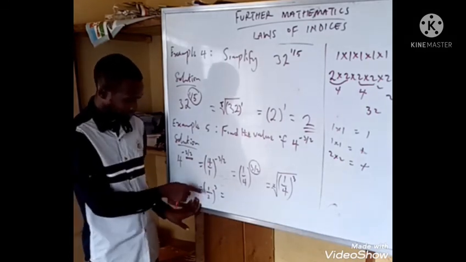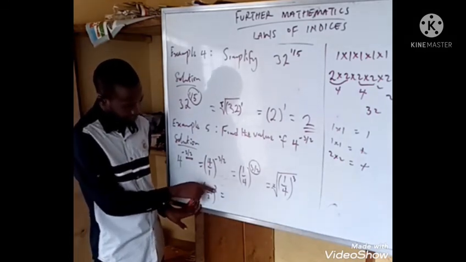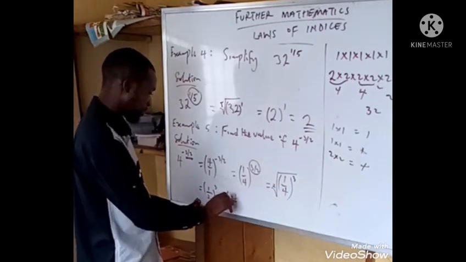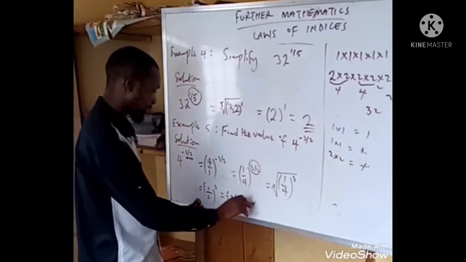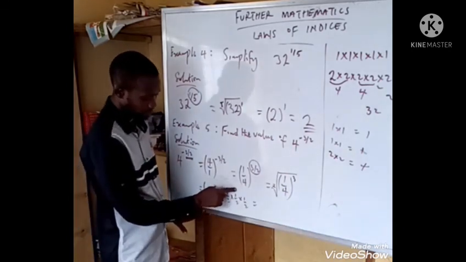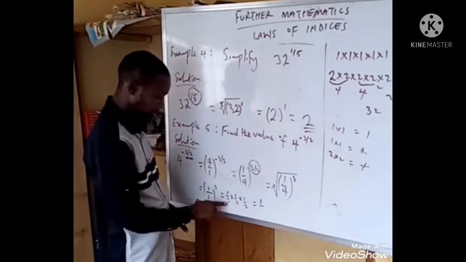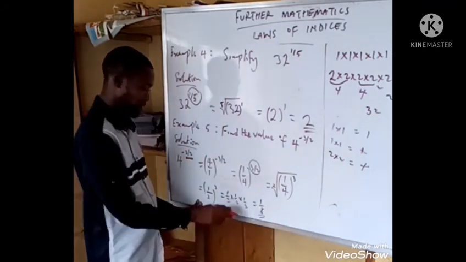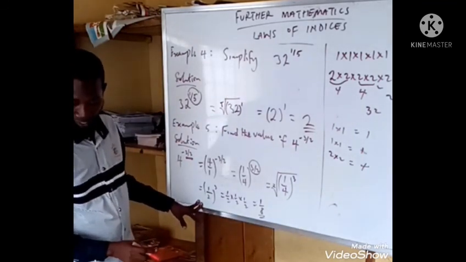What this means is that this number should be repeated 3 times. So that can be written as 1 over 2 multiplied by 1 over 2 multiplied by 1 over 2. 1 times 1 times 1 gives 1. 2 times 2 is 4, and 4 times 2 gives 8. And the result of that is 1 over 8.